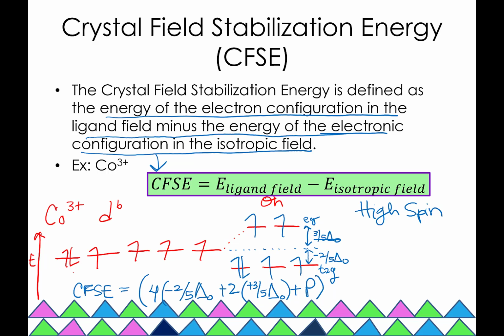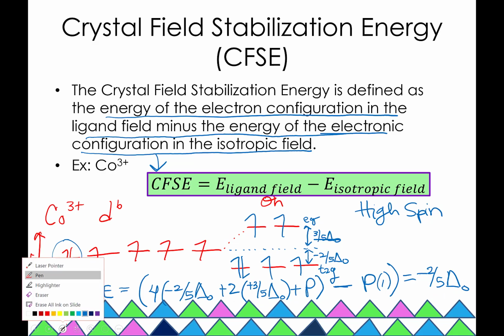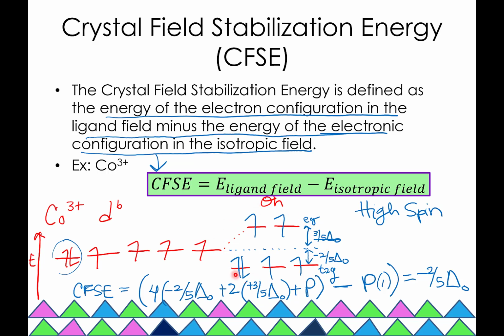And then if we subtract off, we would have minus P, again, just times 1 because we just have 1 pair. So if we sum that all together, we get an overall crystal field stabilization energy of -2/5 delta octahedral. So this means that because we're in this octahedral complex, this electron configuration is slightly more stable by -2/5 delta octahedral than this isotropic electron configuration.